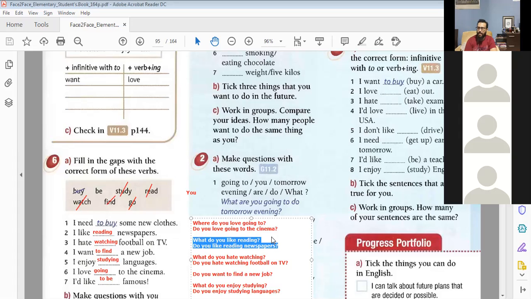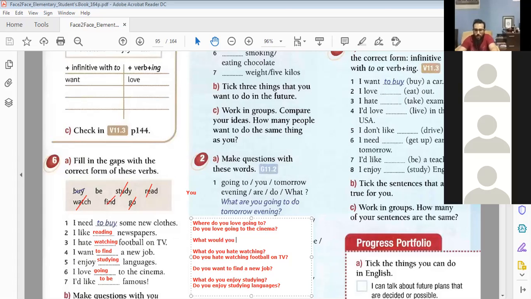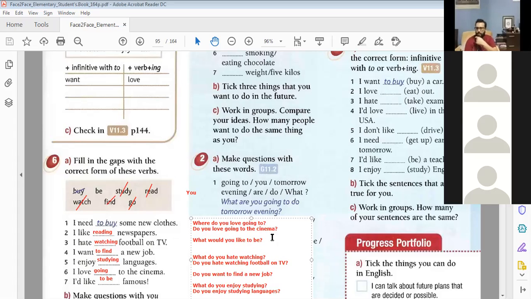You read it as I'd like. I'd like is short for I would like. So you take would and use it to make a question. What would you like to be? And for a yes/no question, it starts with would. Would you like to be famous? And of course the answer is yes I would or no I wouldn't.